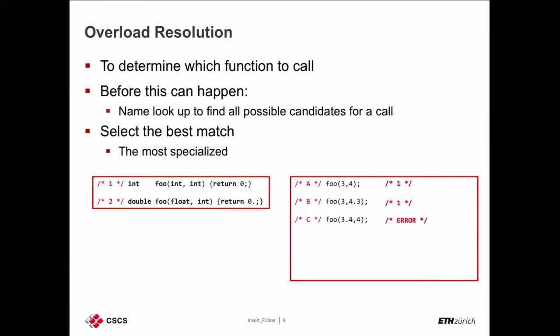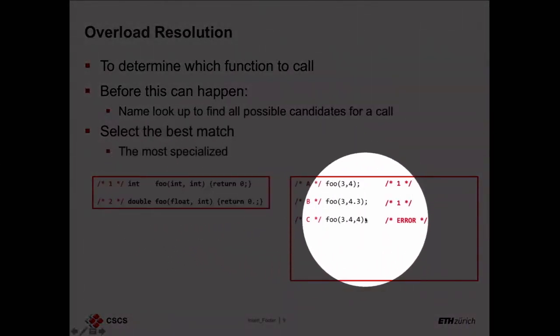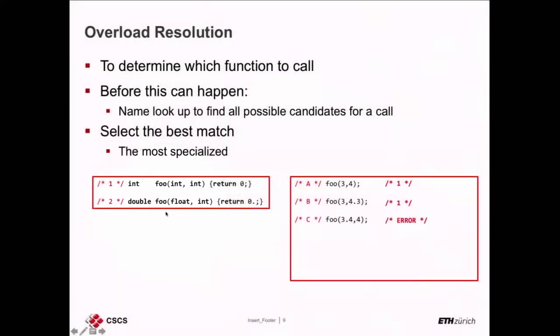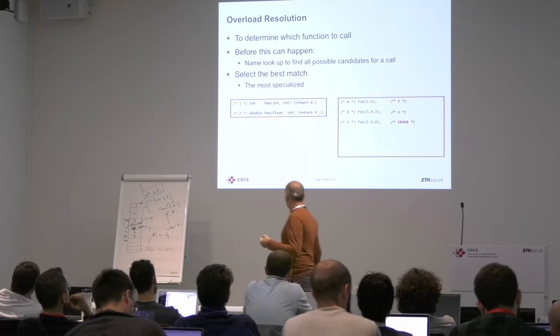This is ambiguous because now it doesn't know whether to convert this to an int or to convert this to a float. It can call both functions, right? They're both valid. It just doesn't know which one to pick. It doesn't know what we want the compiler to do. And this is why it just gives an error. It's an ambiguous overload.